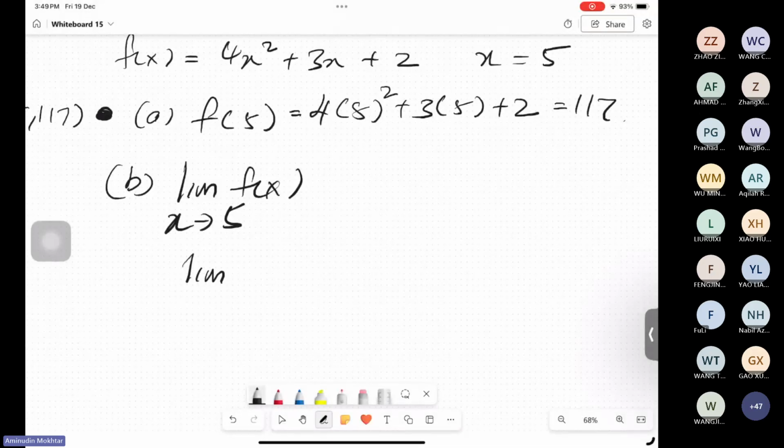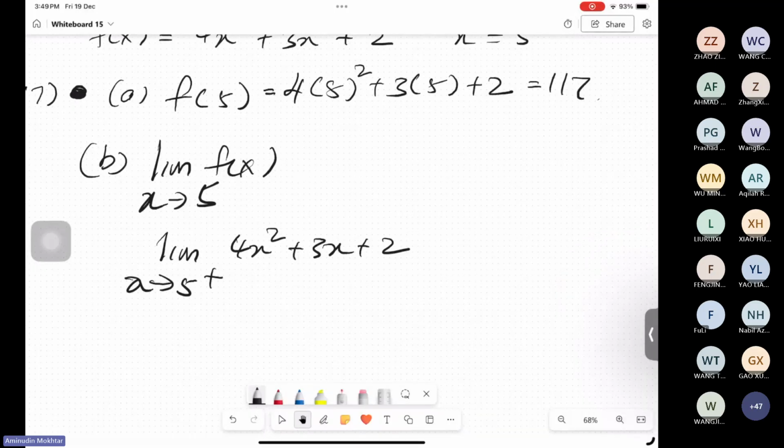The limit when x approaches 5 from the right, for the function 4x squared plus 3x plus 2.